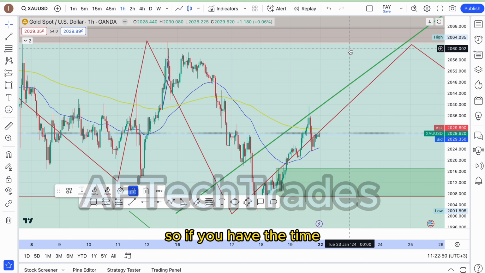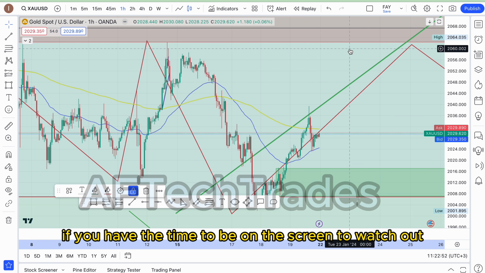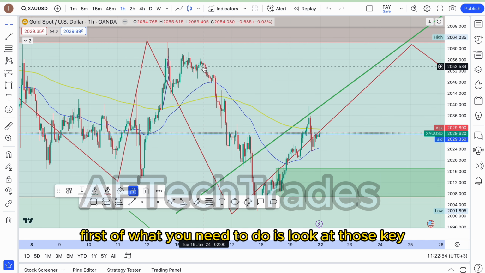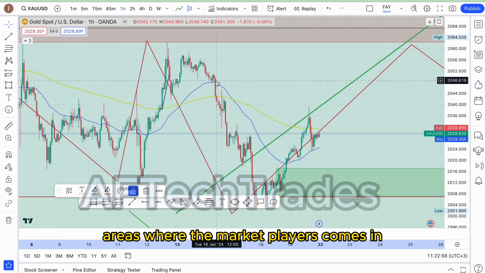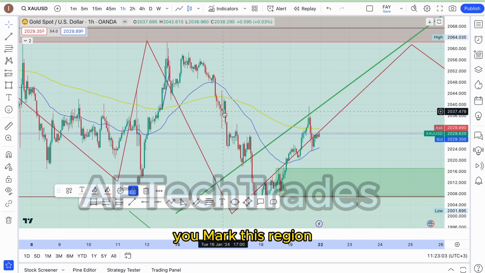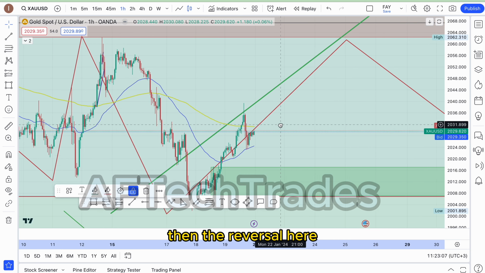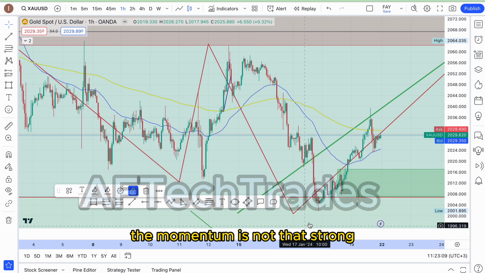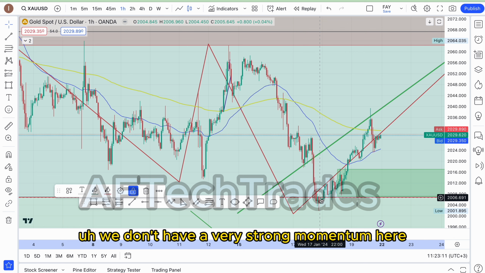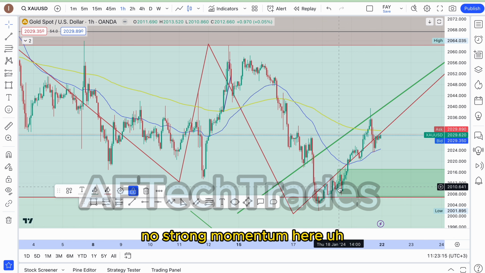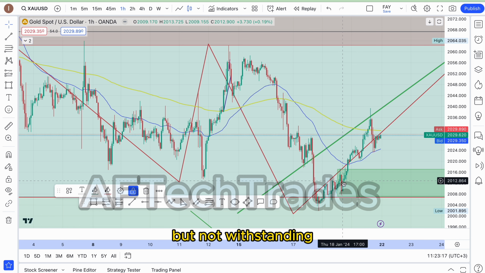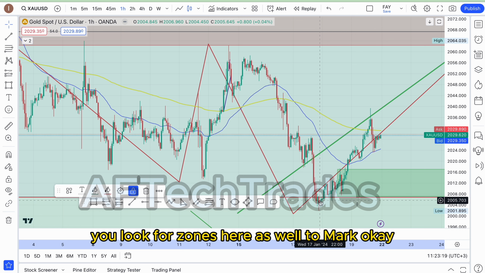So if you have the time to be on the screen to watch out, first what you need to do is look at those key areas where the market players come in. You mark this region, you mark this region, you mark this region. Then the reversal here, the momentum is not that strong. We don't have a very strong momentum here. But notwithstanding, you look for zones here as well to mark.